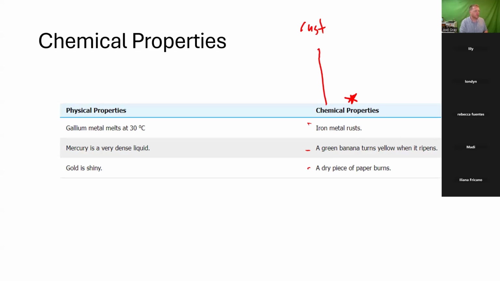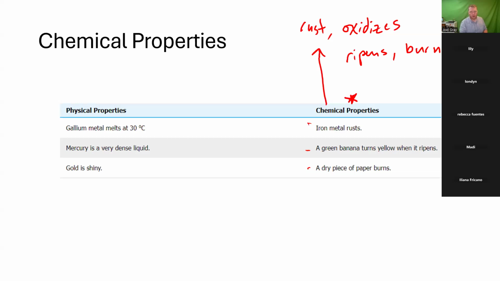If something rusts, or this is a little bit more technical, and we'll get into this word later on, oxidizes. If something oxidizes, that means a chemical change has taken place. Ripens, burns.